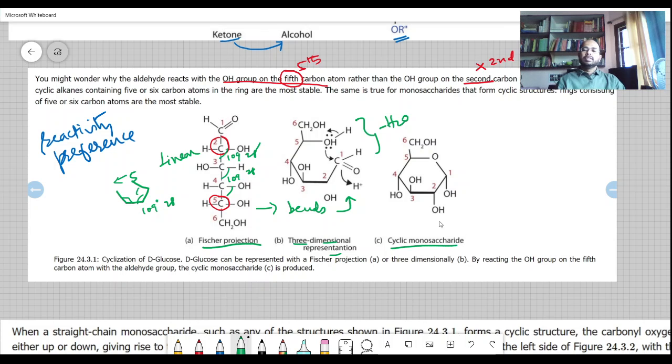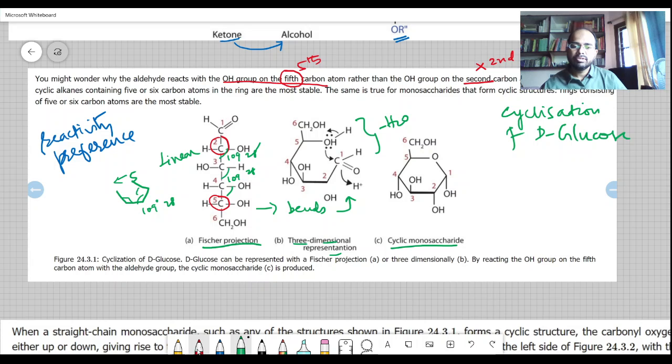So this picture shows the cyclization of D-glucose. It starts with the Fischer projection, and then the first carbon atom reacts with the fifth carbon atom.